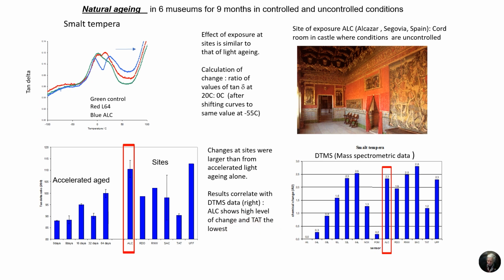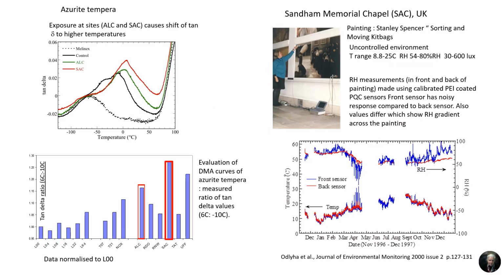So that was pleasing. Then in the case of azurite, exposure at sites Alcazar and Sandham caused a shift of tan delta to higher temperatures. So black is the control, Alcazar is the green, and Sandham is the red. And here we made a slightly different calculation. We took the ratio at 6 degrees and minus 10.